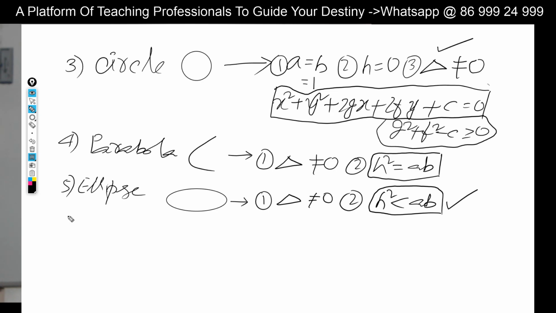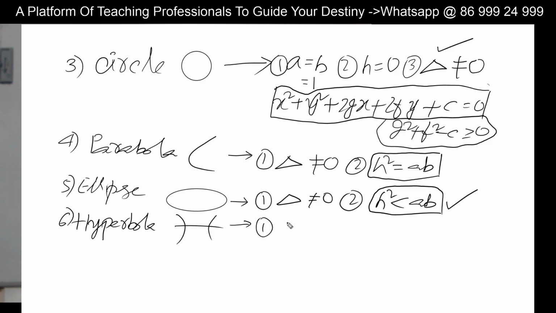Number 6, hyperbola. Anyway, we will be discussing all this again when we go to these topics. For a hyperbola, obviously, number 1, delta not equal to 0 for a hyperbola also.